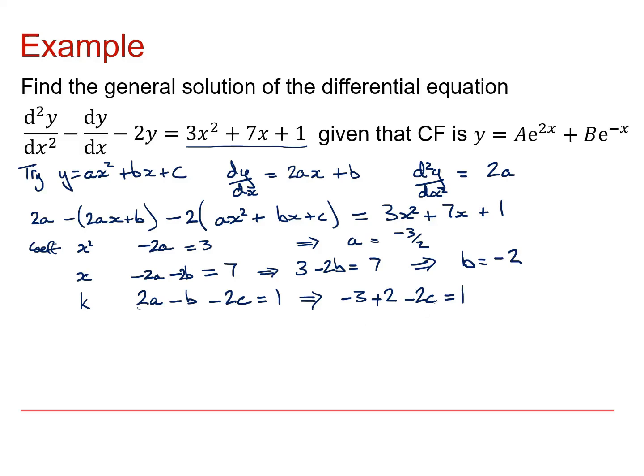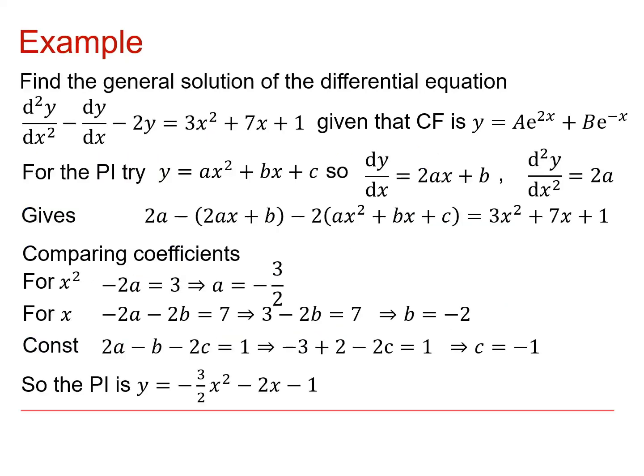This gives me minus 2c is equal to 2, so c equals minus 1. So my particular integral is y equals minus 3 over 2 x squared minus 2x minus 1.